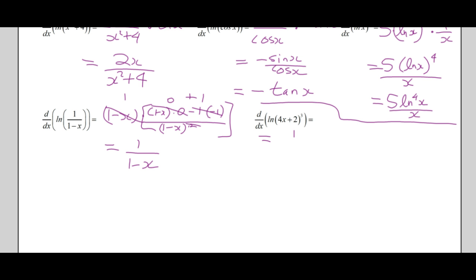So that's equal to 1 over 4x plus 2 cubed, times what? The derivative of the inside, which is 4x plus 2 cubed: 3 times 4x plus 2 squared times 4, right? Because we need the derivative of the inside.